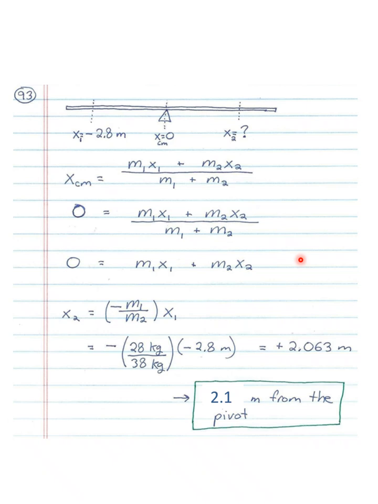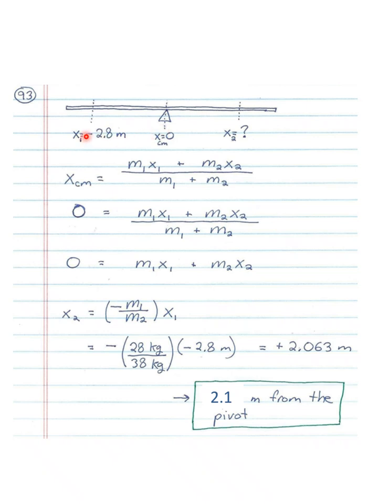And now we can solve for x2. Notice the distance the child is going to sit is the ratio of their masses times the position of the first child. And there is that negative sign in there. When we plug in the values, 28 kilograms over 38 kilograms, negative, and the position of the first child is negative 2.8 meters, so 2.8 meters to the left.